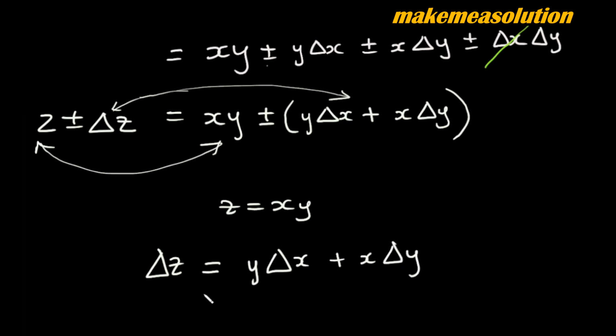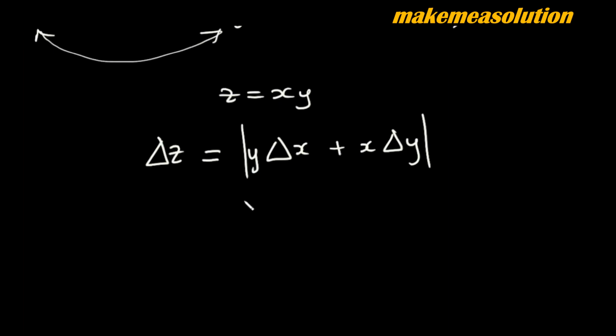In fact, since delta z is actually an absolute value, it will be wise if we represent it with this particular symbol, that delta z is equal to the absolute value of y delta x plus the absolute value of x delta y. So we've gotten what we are interested in. z is equal to this and delta z is equal to this.